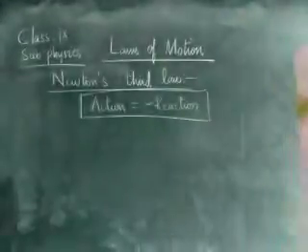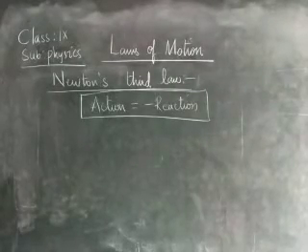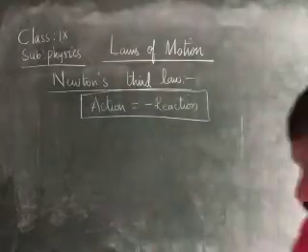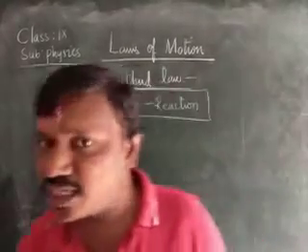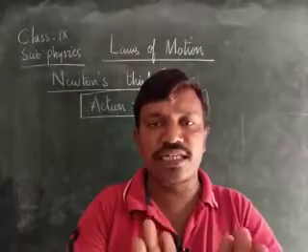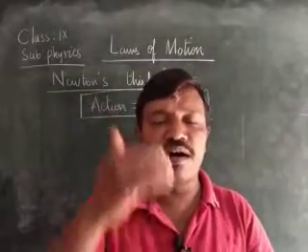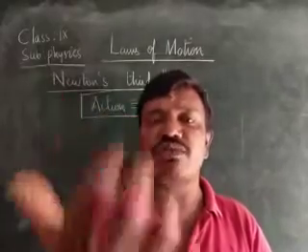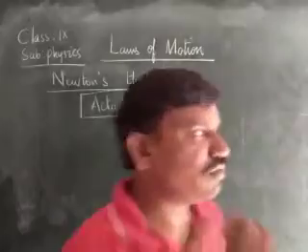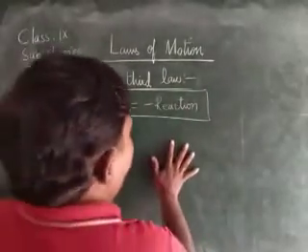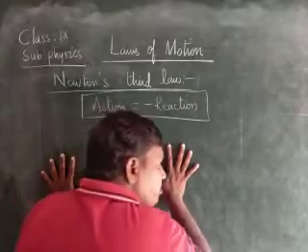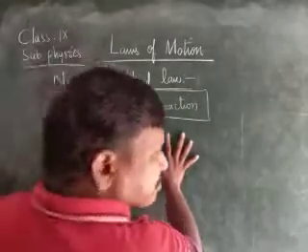According to the third law, when an object exerts a force on another object, the second object also exerts the same force. That means when a force is acting upon an object, that object also opposes the force in the opposite direction. If I press the board, the board also presses me.